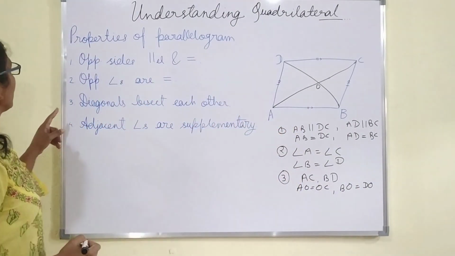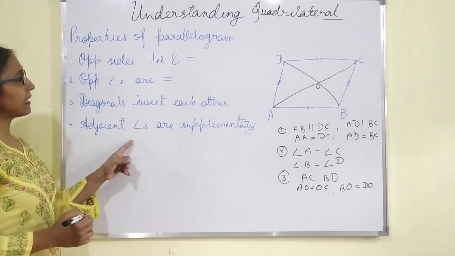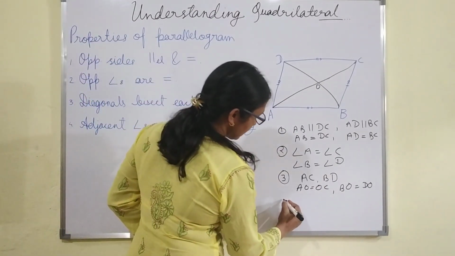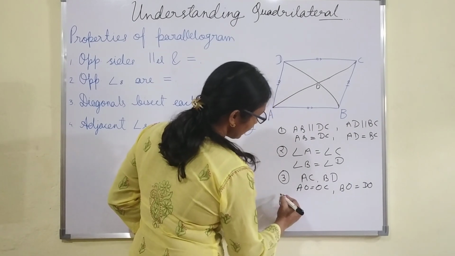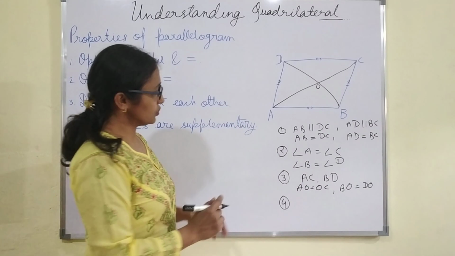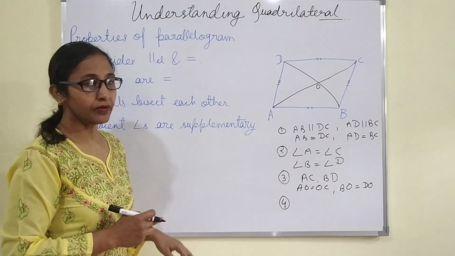Okay. Now, fourth is adjacent angles are supplementary. Adjacent angles means angles which share one common ray. Okay. So, two angles which share one common ray.